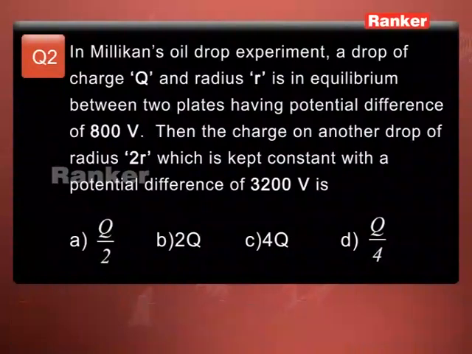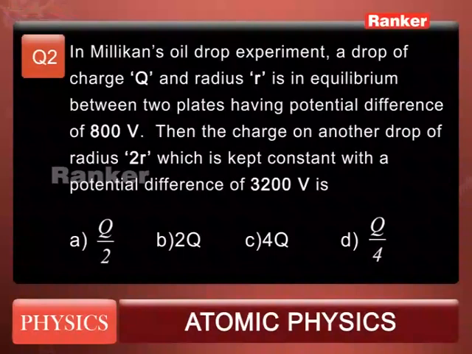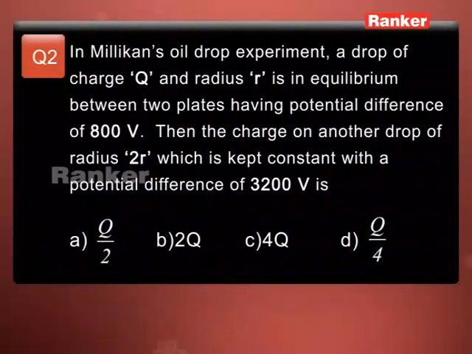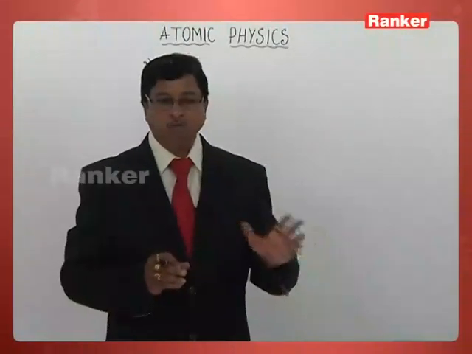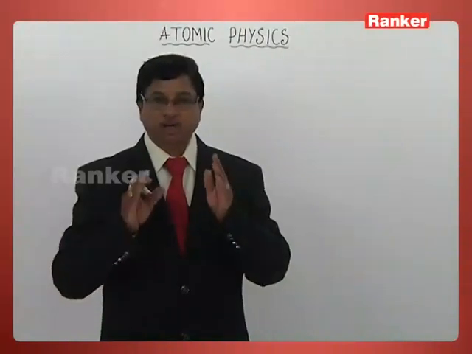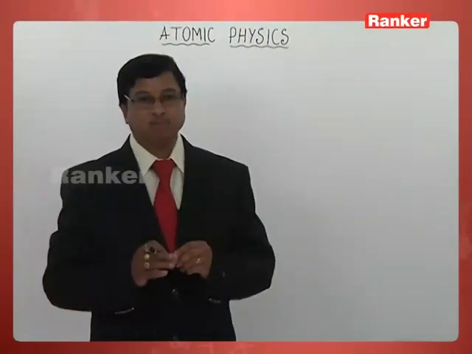In fact, we have been given once again 4 options. The very first option is q by 2, second option is 2q, third option is 4q, and fourth option is q by 4. So 4 options have been given.